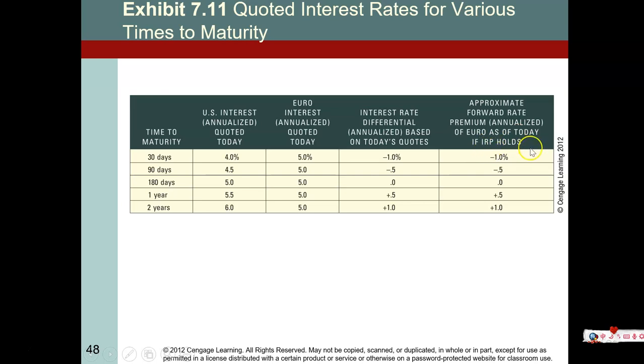If interest rate parity holds, then our forward rate premium P would be equivalent to the interest rate differential, IH minus IF, so these two columns become the same number. You can see our forward rate premium P is different for debts of different maturities, because the interest rate differential IH minus IF is different for different maturities.